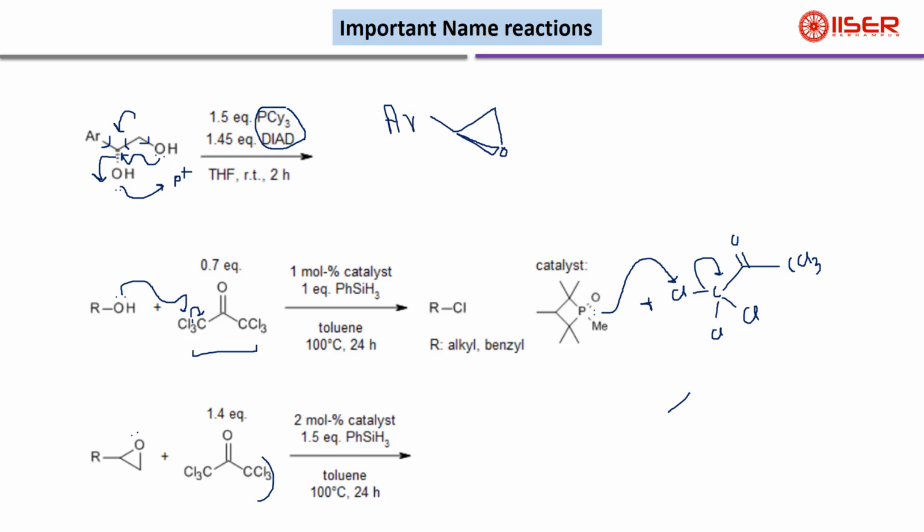Chlorine can add because it has a vacant d orbital.